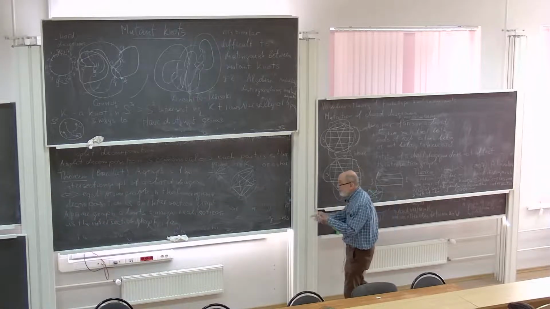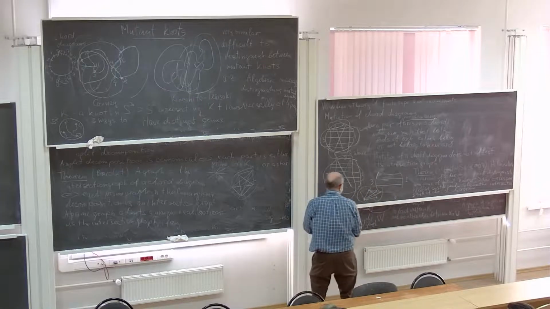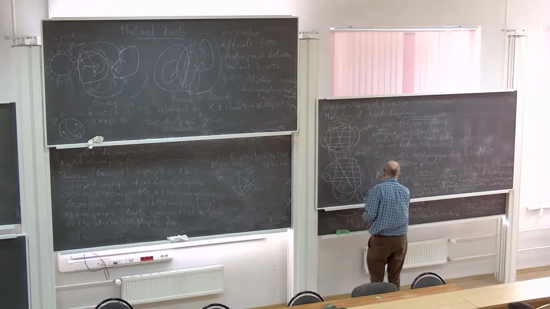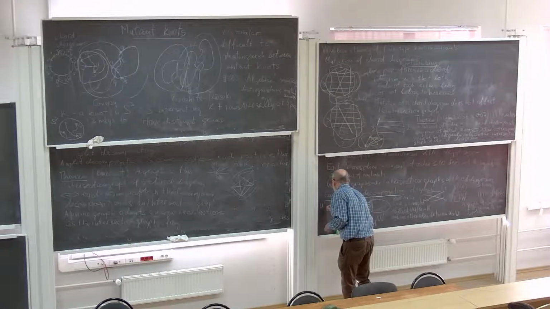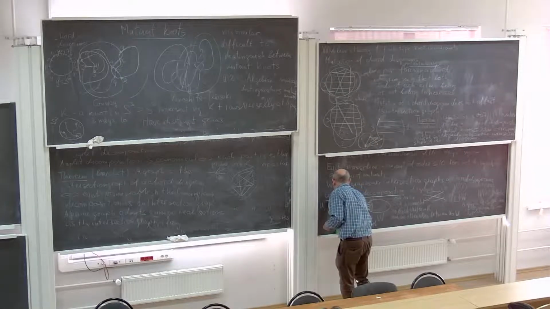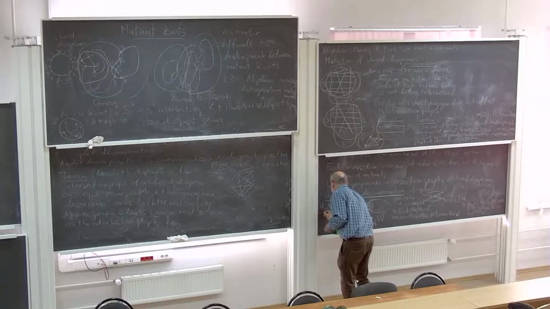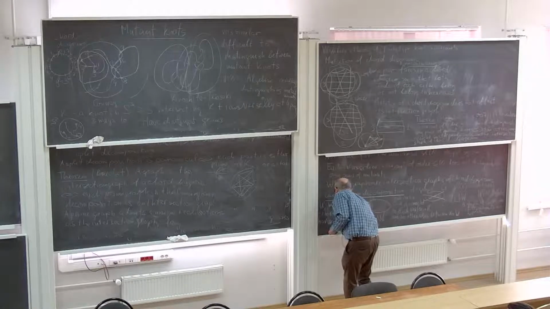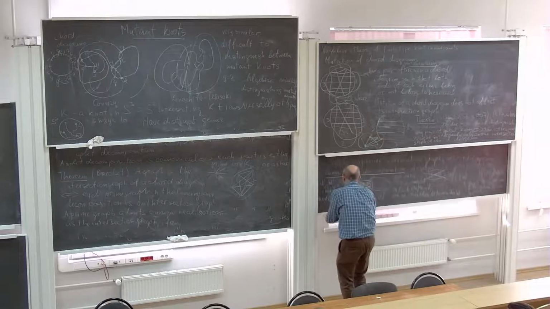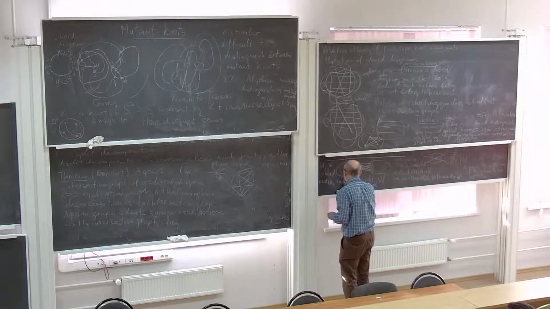So U prime and W prime are chords having ends on different arcs.